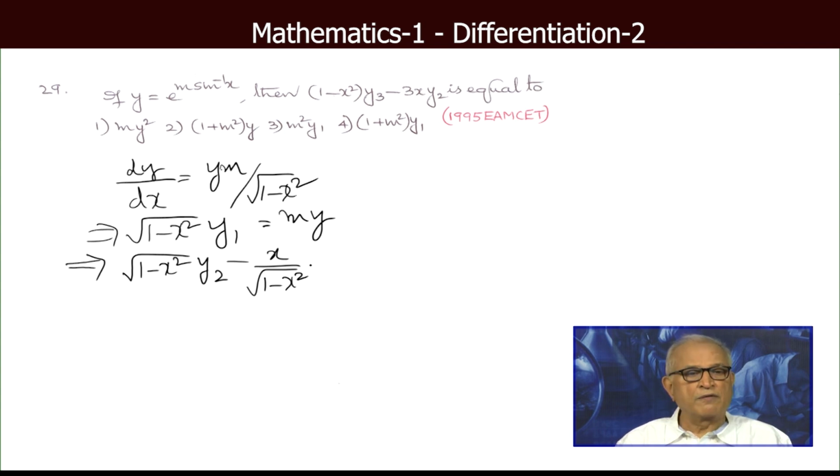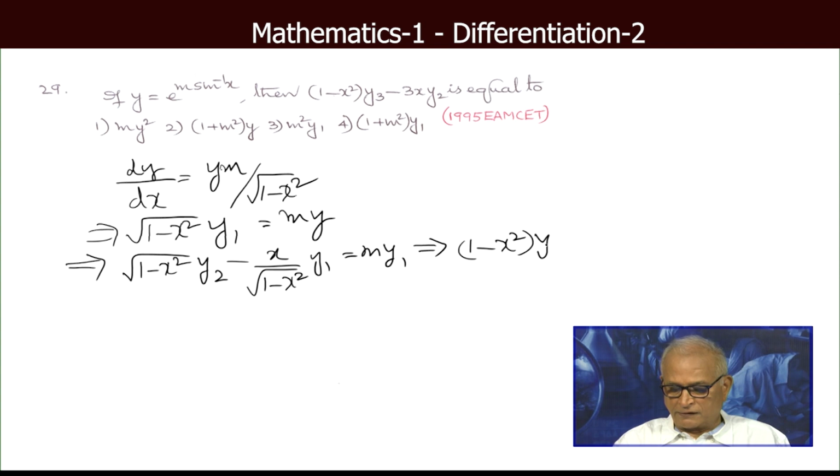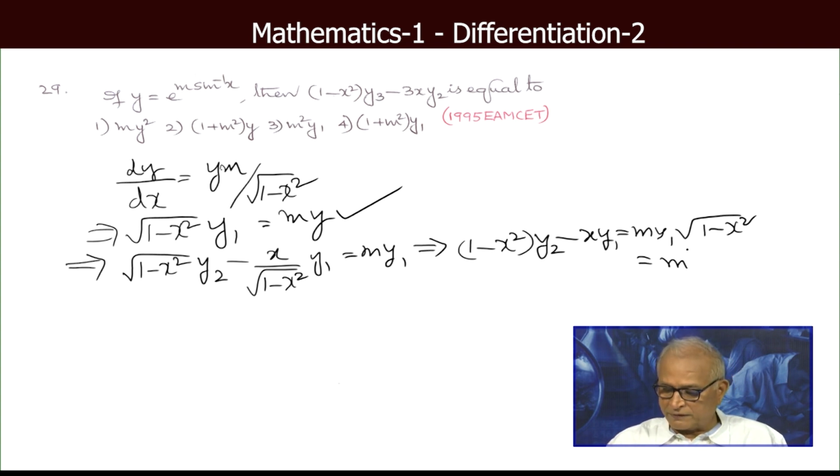That is the derivative of root of 1 minus x square into y1 is equal to my1. This implies, once again multiply by root of 1 minus x square throughout. 1 minus x square into y2 minus xy1 is equal to my1 into root of 1 minus x square. Once again y1 into root of 1 minus x square is my. So, therefore, this is equal to m square y.